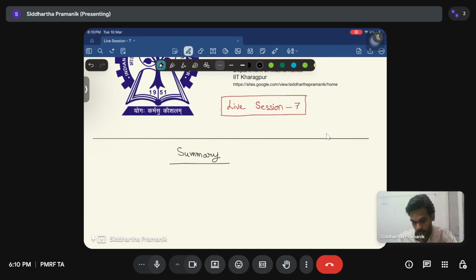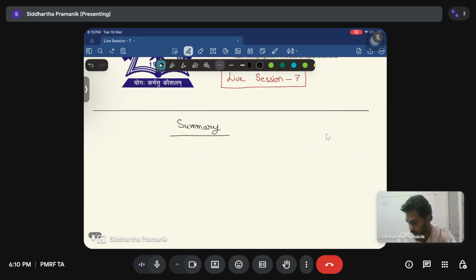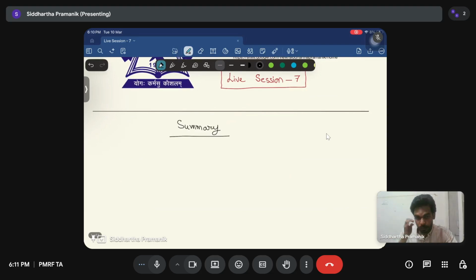Before that, we started with characterizing the solvable elements. In the previous week, we defined what we mean by solvable elements, and in this week we started with a characterization of that.